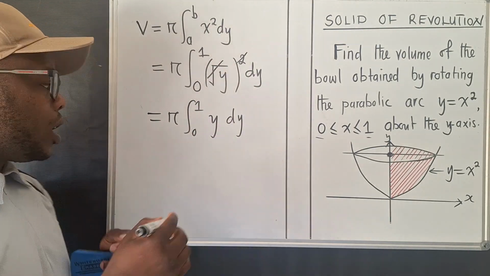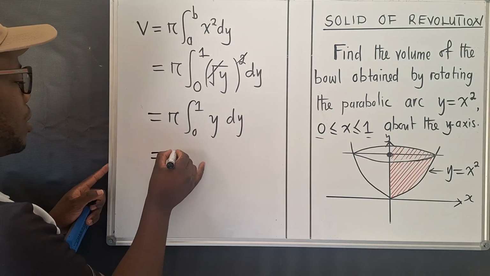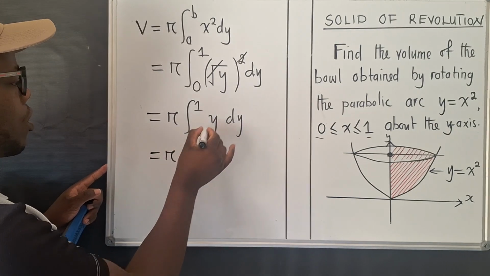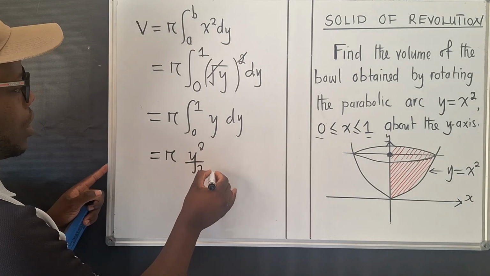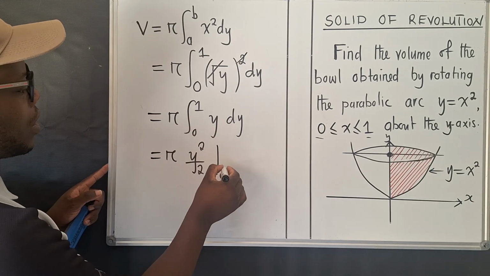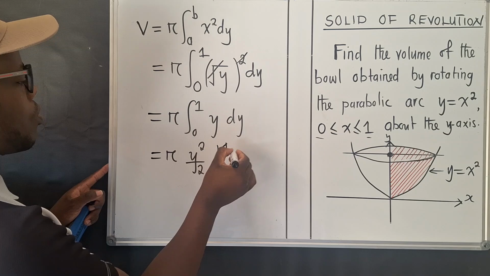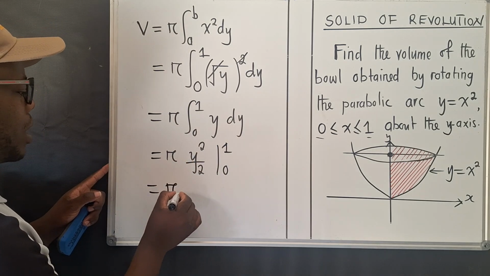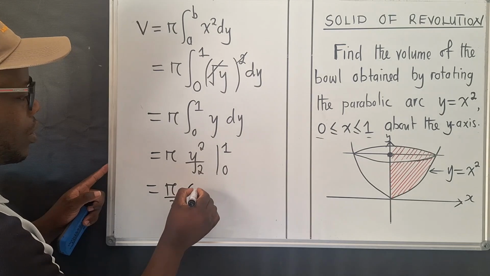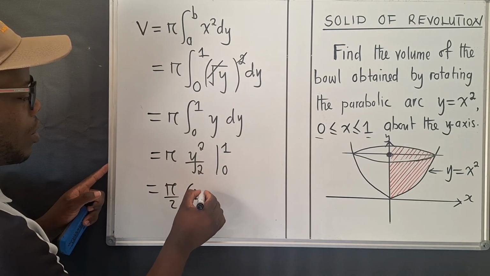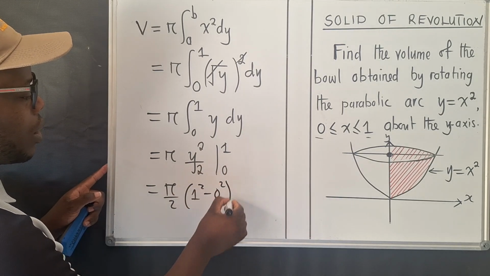We can now integrate. So this will be pi, the integral of y is y to the power 2 over 2, and the limits are from 0 to 1. We substitute the limits, so we have 1 squared minus 0 squared.